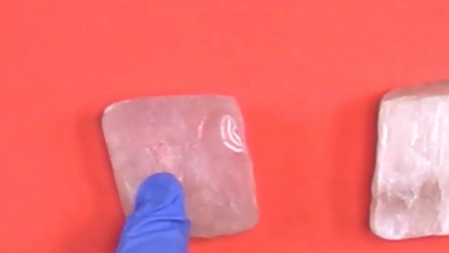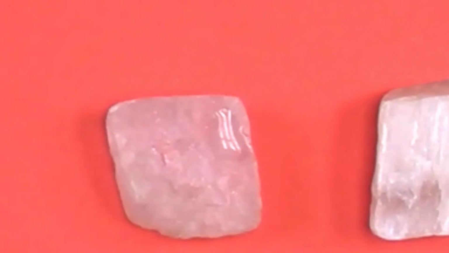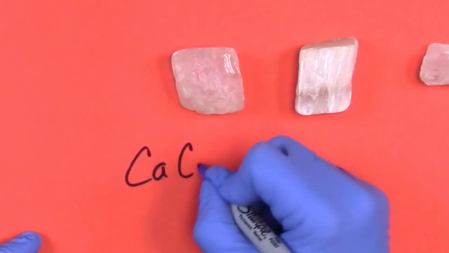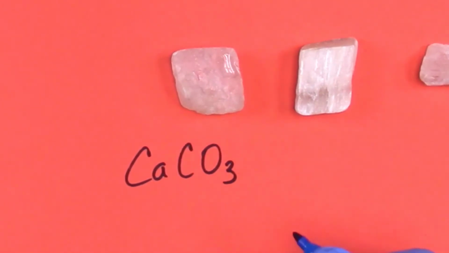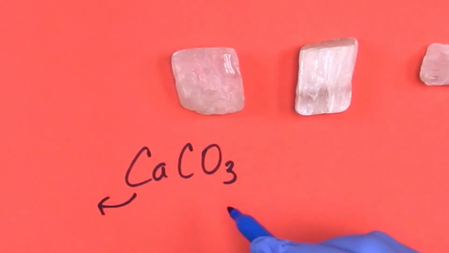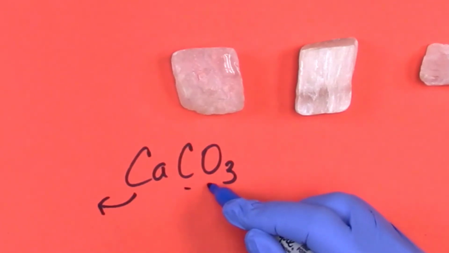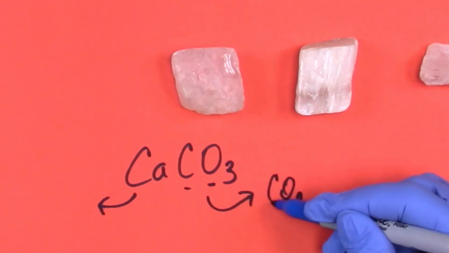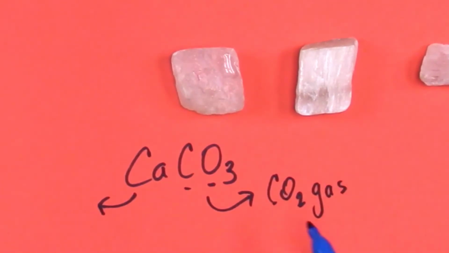Now this mineral is a calcium carbonate mineral, meaning that its chemical formula has calcium, carbon, and oxygen in it. When it interacts with the weak acid, the calcium is released as ions into solution. Some of the carbon and oxygen produces carbon dioxide gas. And then some more of the carbon and oxygen produces bicarbonate ions in the acidic water.